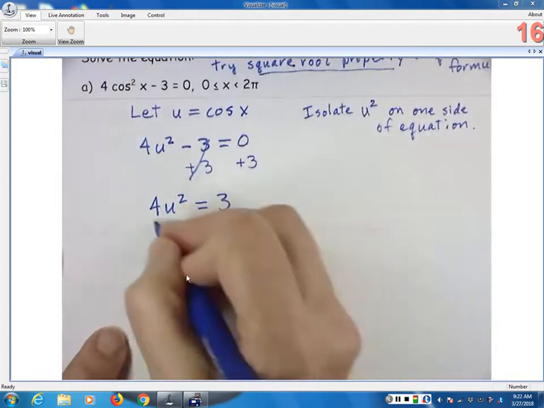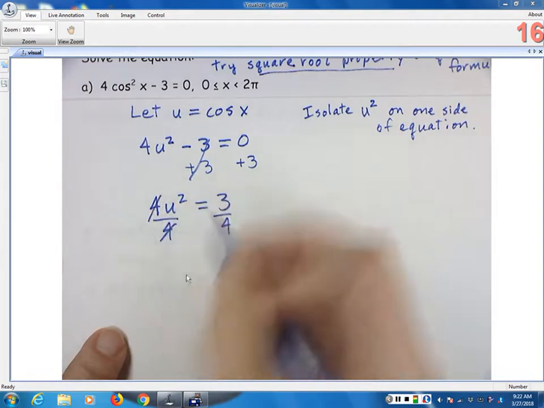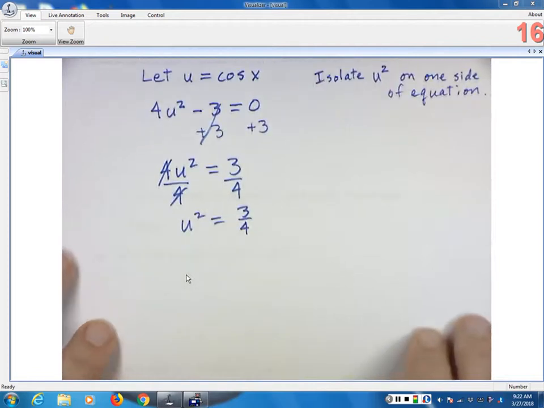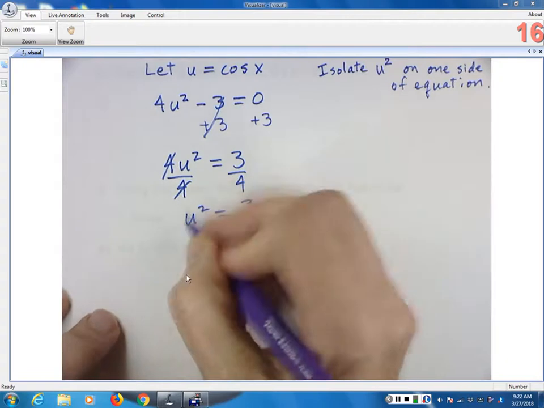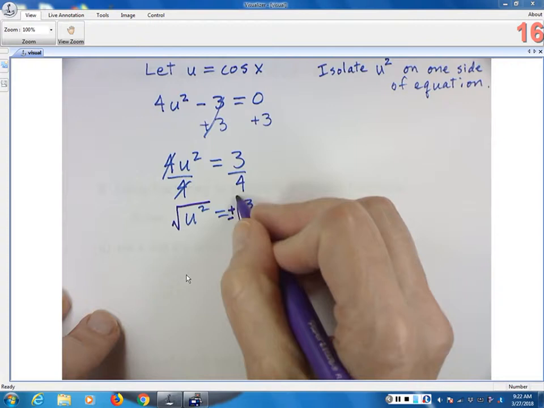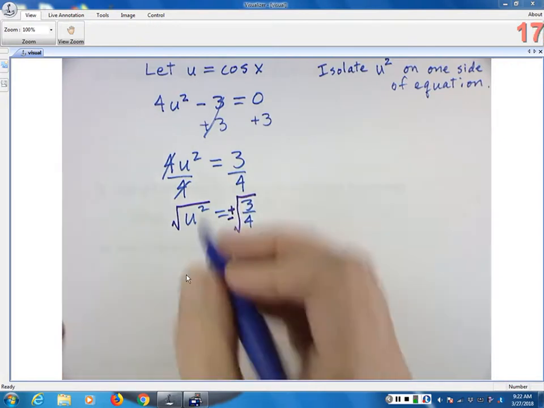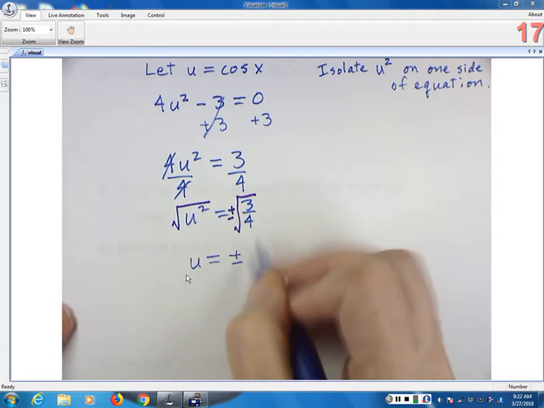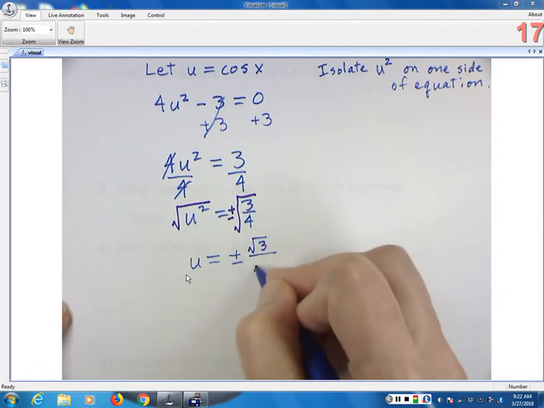Then you divide by 4, and you get u squared equals 3/4. Now you take the square root of both sides, and you have to remember to add a plus or minus sign. The square and the square root cancel, so u is plus or minus the square root of 3 over the square root of 4. You have to remember your rules of radicals there.